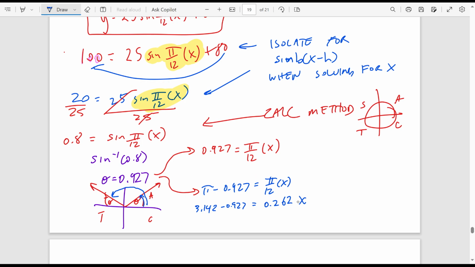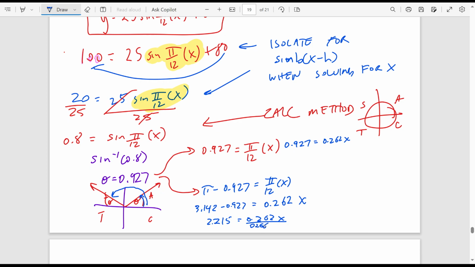That's 0.262x. And then up here, 0.927 is equal to 0.262x. We're basically just going to do this: it's going to be something like 2.215 is equal to 0.262x.